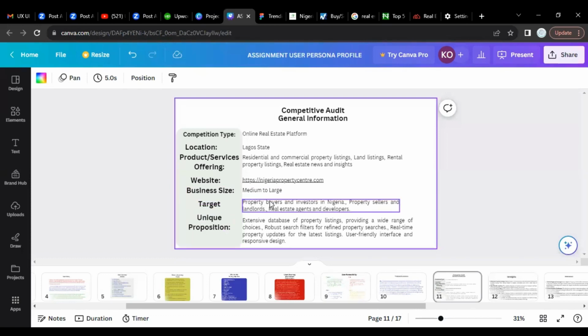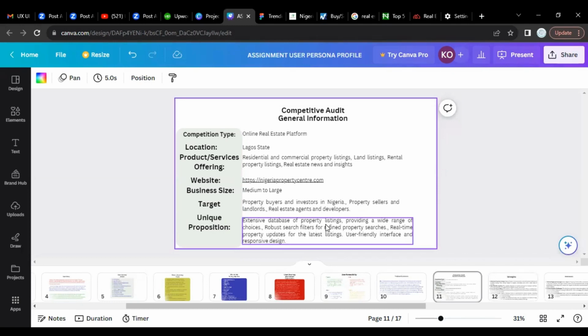They target property buyers and investors in Nigeria, property sellers and landlords, real estate agents and developers. Their unique position is an extensive database of property listings.